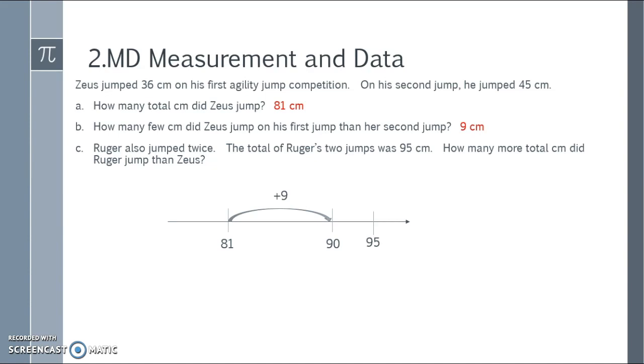With the open number line, again using benchmarks, to get from 81 to 90, 90 being the benchmark, I need 9. And then going from 90 to 95, we need 5 more. So altogether, Ruger jumped 14 centimeters more than Zeus.